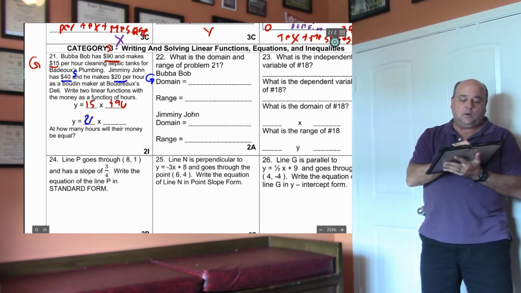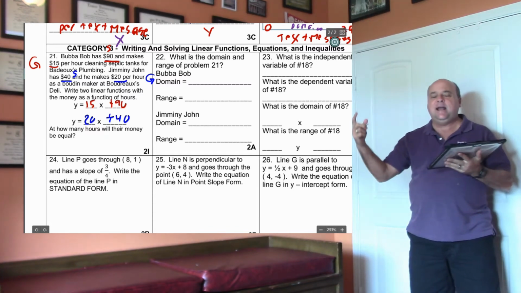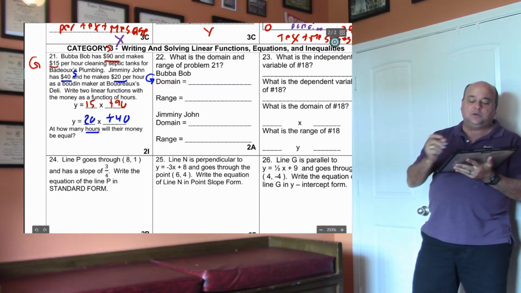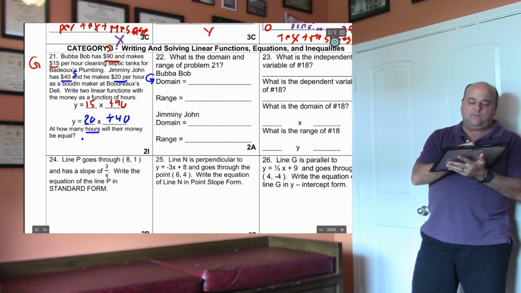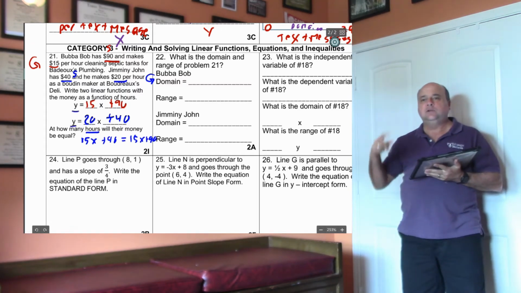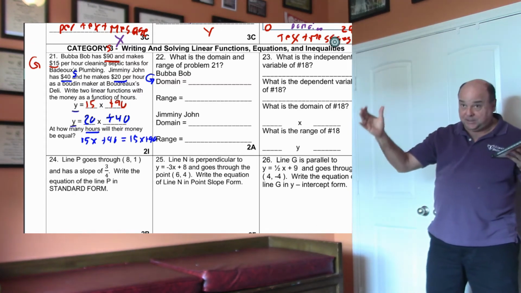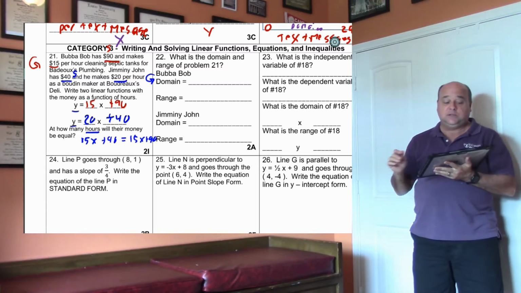Jimmy John would be 20x plus 40, wouldn't he? To find out when the number of hours equals, you're going to do 15x plus 90 equals 20x plus 40. You'll set y equal to y, won't you? You just set them equal, solve for x. This basically is a system of equations.